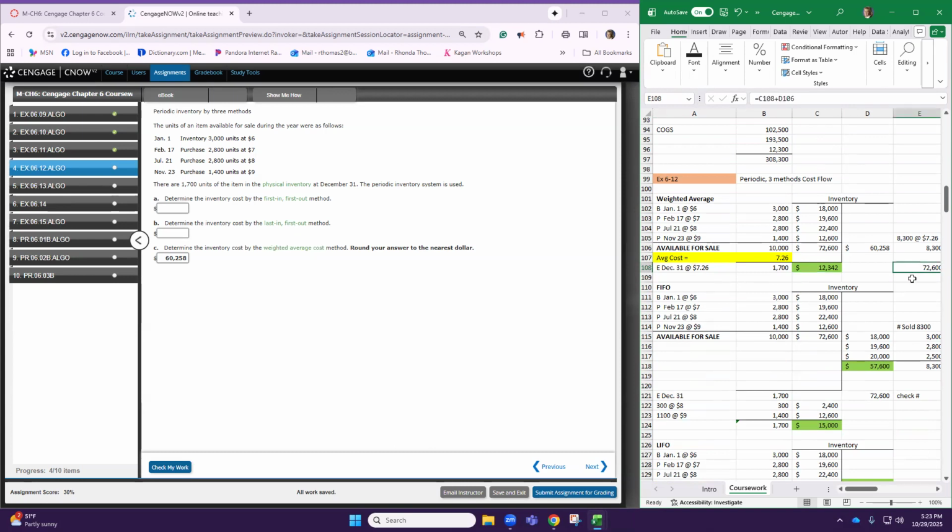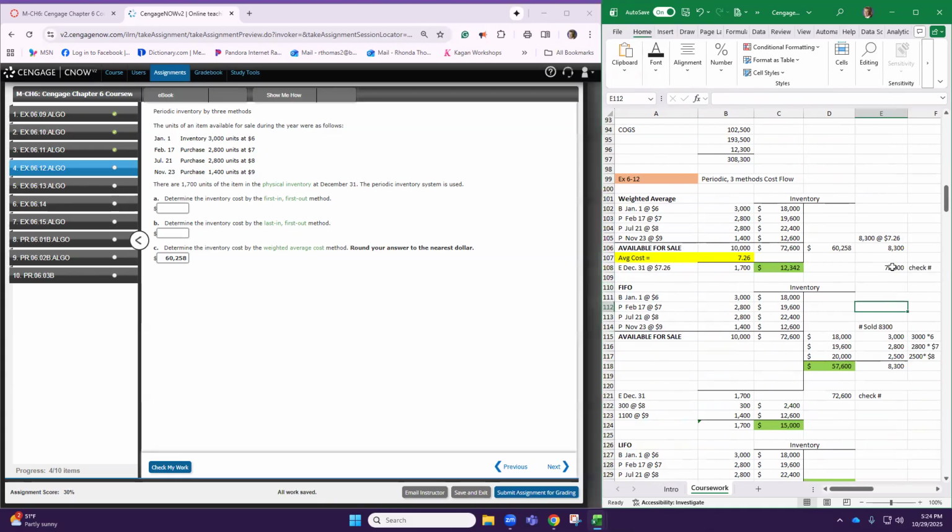Okay, here's the good news. I have a check figure here for myself. See, it says check number. Here is your available amount, right? 10,000 units that total $72,600. Then the amount we sold, the 8,300 units and the 1,700 units have to add up to 10,000 units, right? Same with the totals for the value.